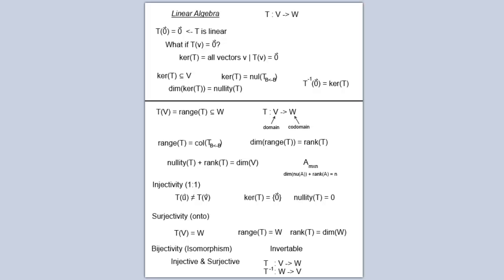Bijective transformations are invertible, which is to say that if T is from V to W, the inverse T is from W to V. Bijective transformations are also called isomorphisms, meaning that dimension of V is equal to the dimension of W. But that doesn't necessarily mean that V is equal to W, which is why we have this tilde over the equal sign. Because remember that the dimension of R4 is equal to the dimension of P3. If V is, however, equal to W, which means T is endomorphic, if it is found to be injective, it's also surjective, and vice versa.